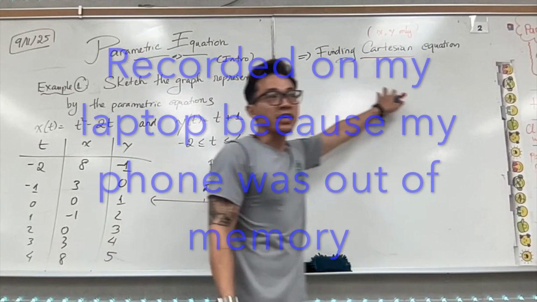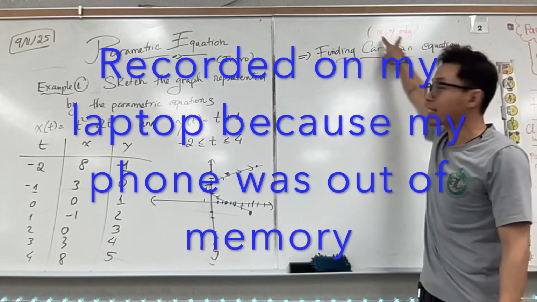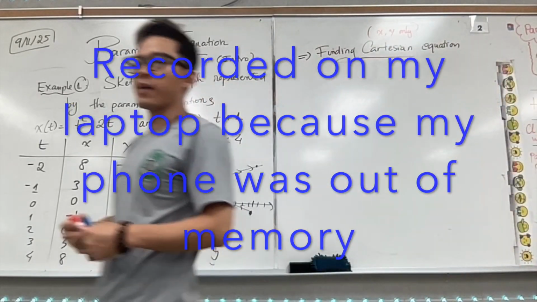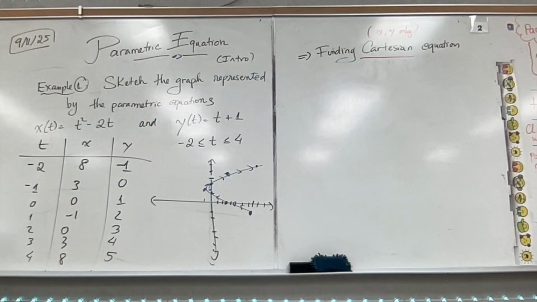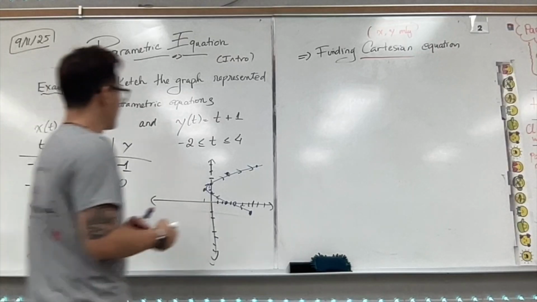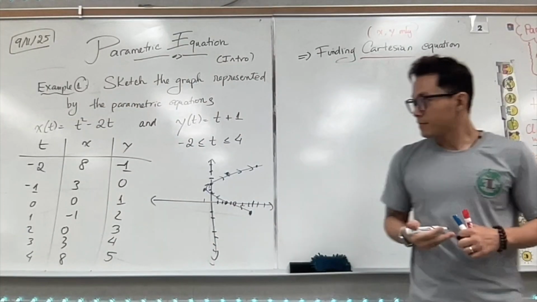Okay, finding Cartesian equation. That means you only want x and y only. So how do you eliminate the t? How do you get rid of it?